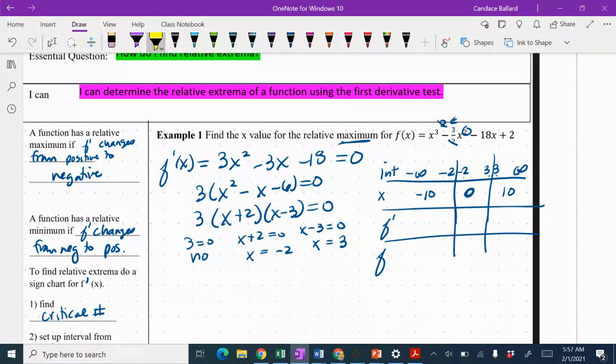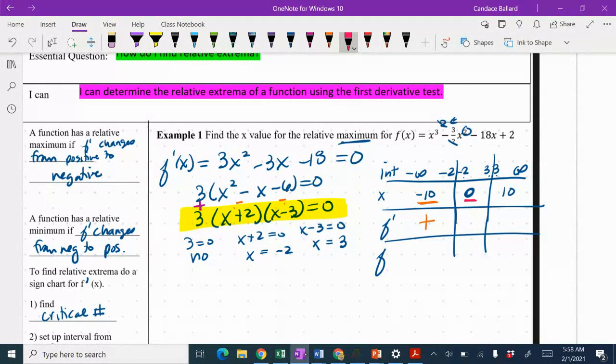I am going to plug into my most simplified form of my derivative, which is this right here. We know that this first one's always positive. I have to decide on the other ones each time. So if I plug in a negative 10, I know this will be negative, and that will be negative. So I've got a positive times a negative is negative, times another negative is positive. Now let's look at 0.